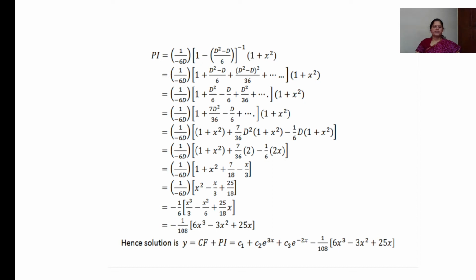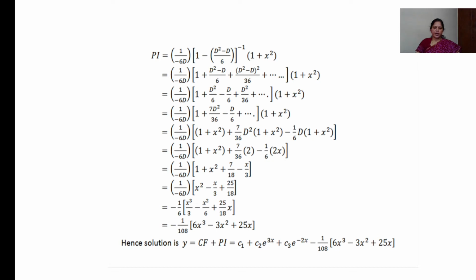So now the whole term becomes 1 plus x square plus 7 by 18 minus x by 3. So again we simplify with the constant terms. We are getting 1 by minus 6D into x square minus x by 3 plus 25 by 18.